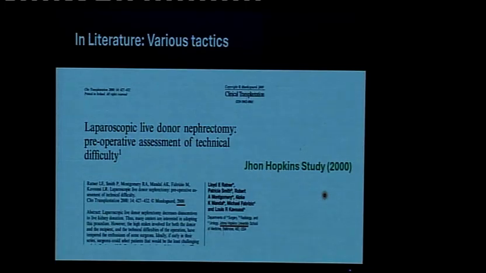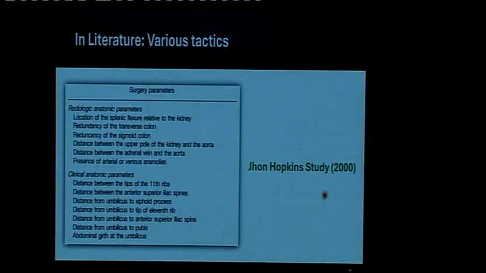That's why various tactics have been published in literature about how to preoperatively assess the difficulty of laparoscopic donor nephrectomy. We have the Johns Hopkins study back in 2000, 26 years ago. They relied on certain radiological anatomical parameters and clinical anatomical parameters to assess the difficulty of the procedure.